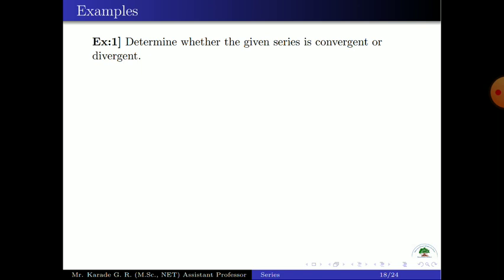Okay, let us take one example. Determine whether the given series is convergent or divergent. The series is given here: 3 by 4 plus 5 by 9 plus 7 upon 16 plus 9 upon 25 plus dot dot dot.